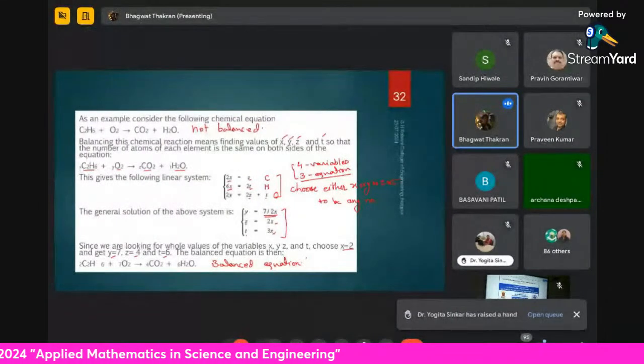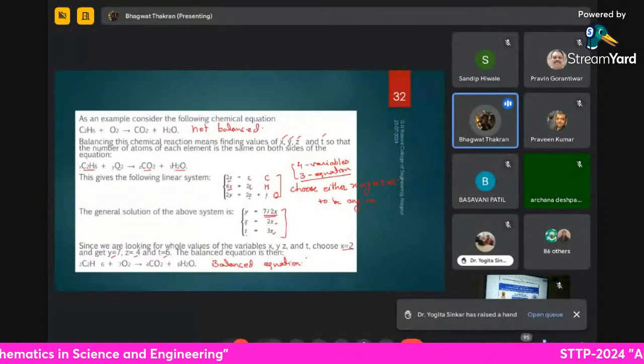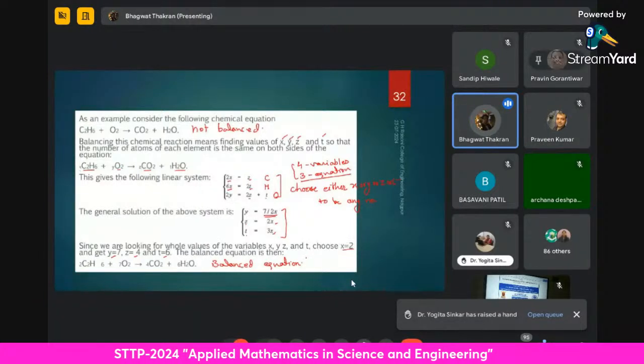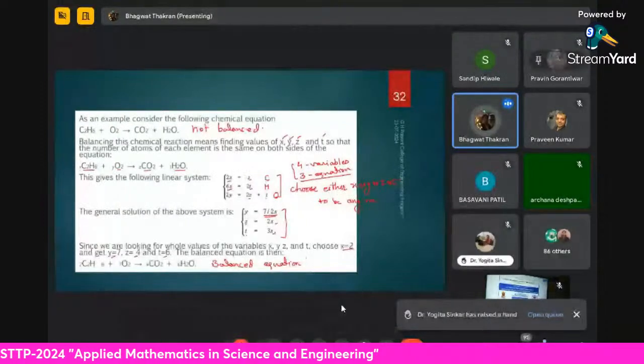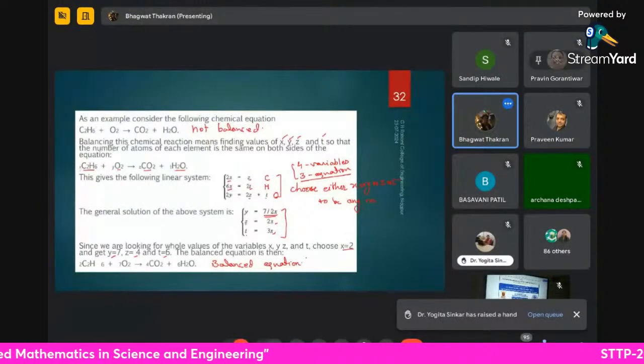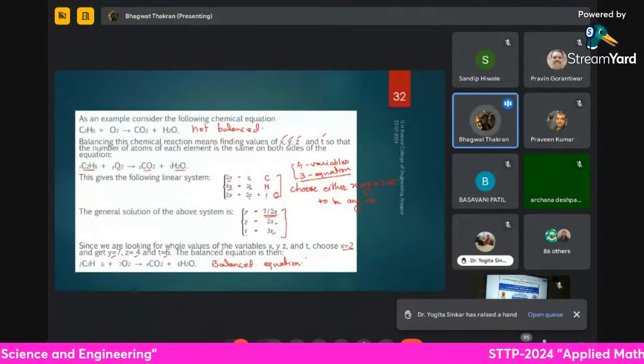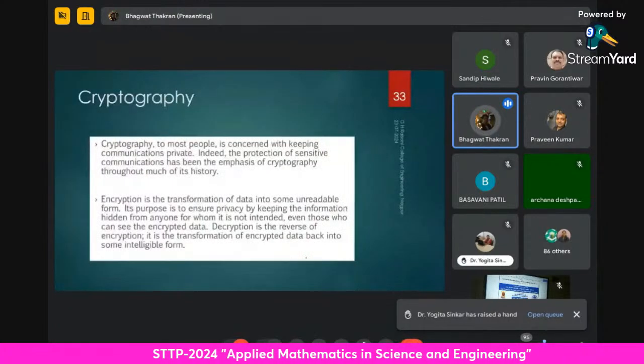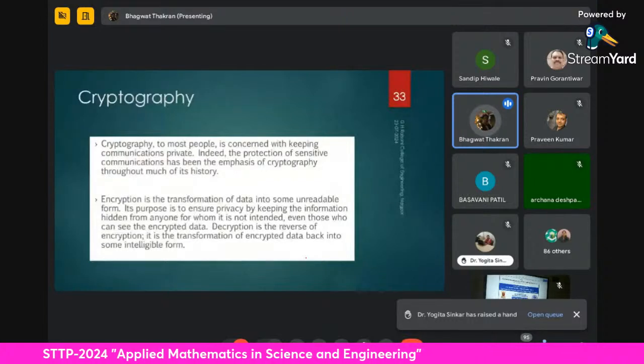So all we need to understand is the linear combination, system of equations, and moreover, a vector space. Let's consider another application, cryptography.